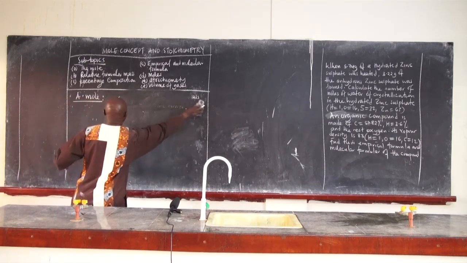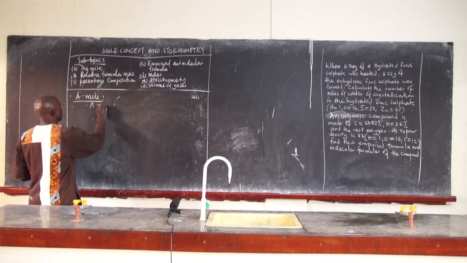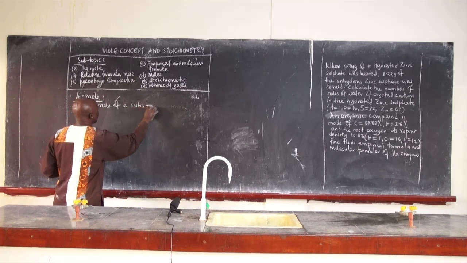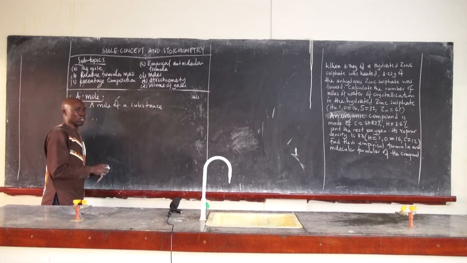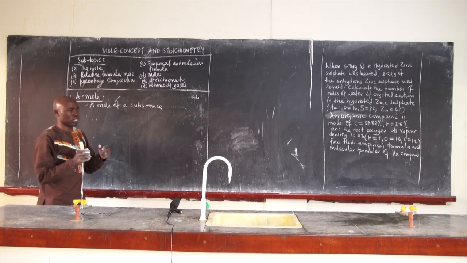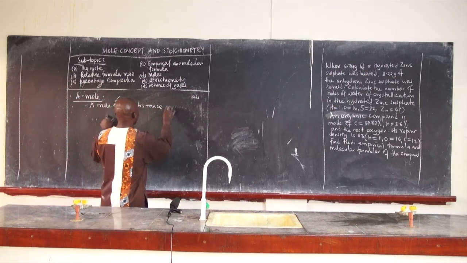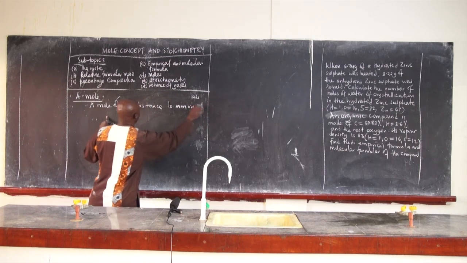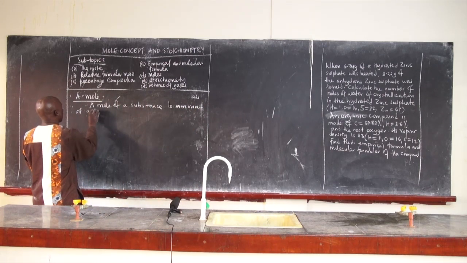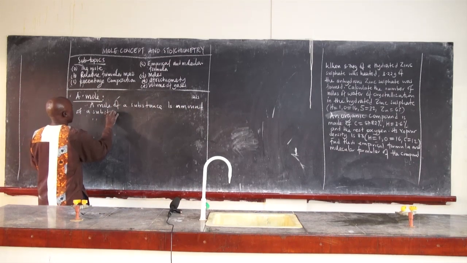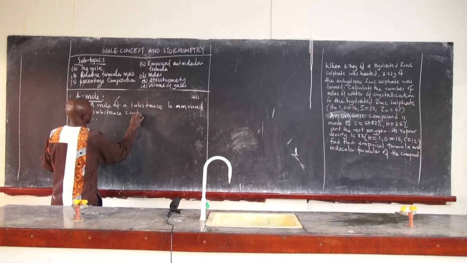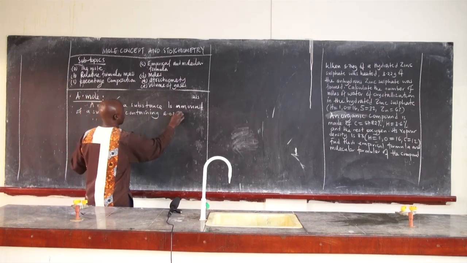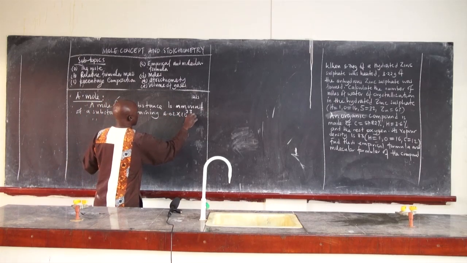So we are saying that a mole of a substance, which is its relative atomic mass, the mass of its atoms, is the amount of a substance containing 6.02 times 10 power 23 particles.